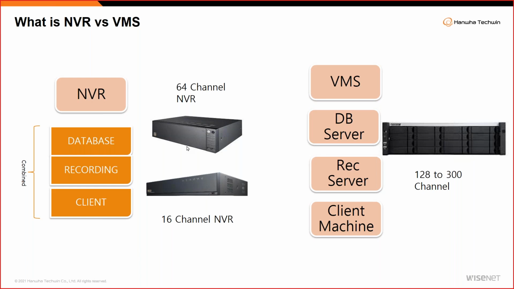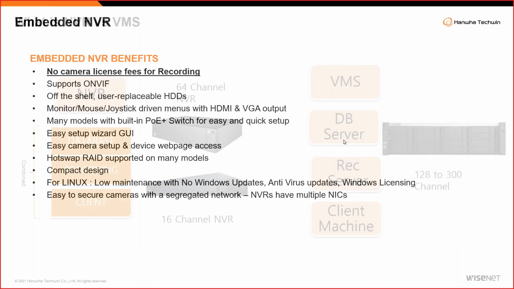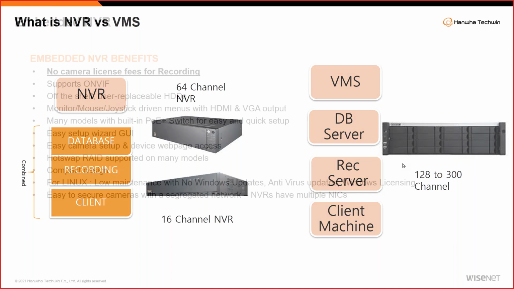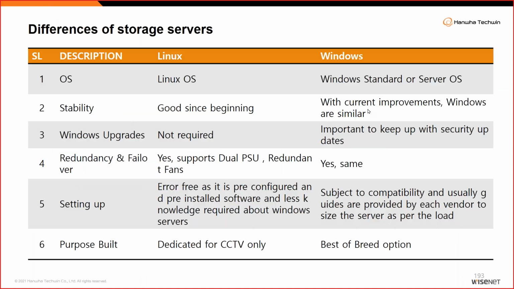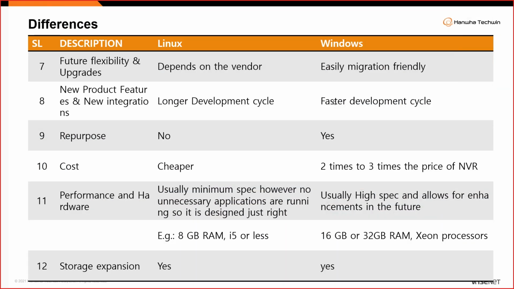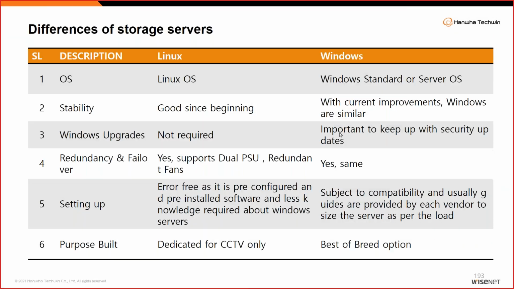But when your project is in one location, in one office or one hotel itself, you have 2000 or 1500 cameras, then buying NVRs can be more hassle compared to buying a server, because Windows based recording servers have higher camera channel capacity, 200 cameras, 300 cameras.